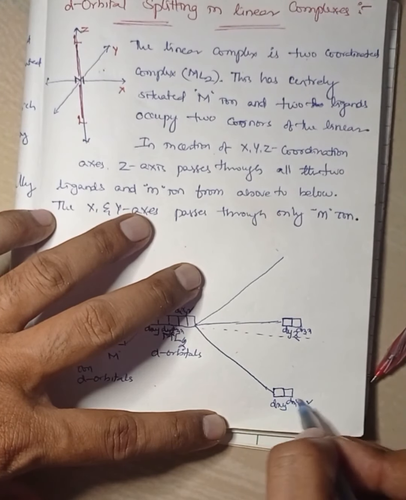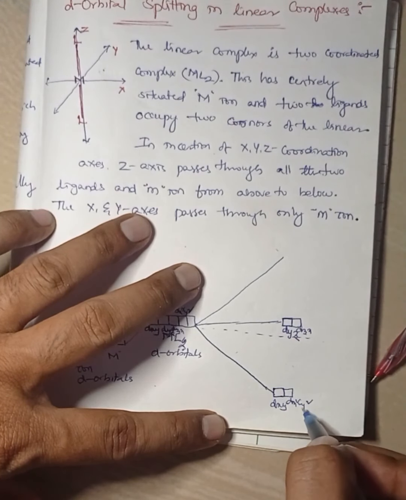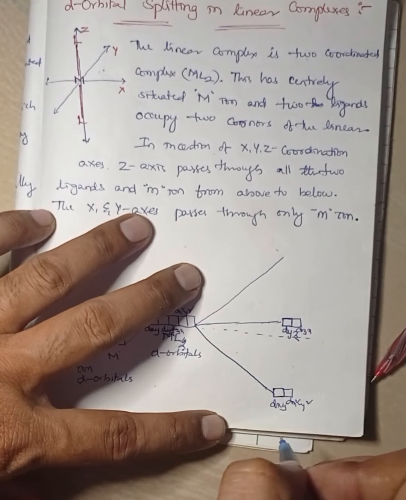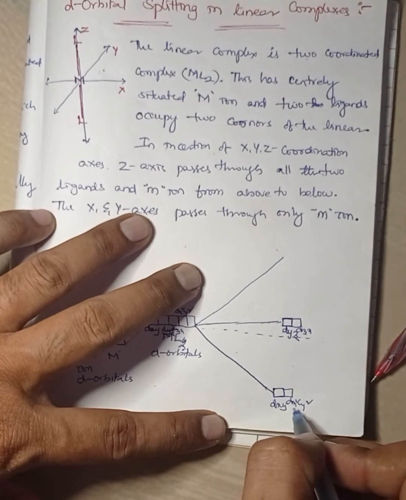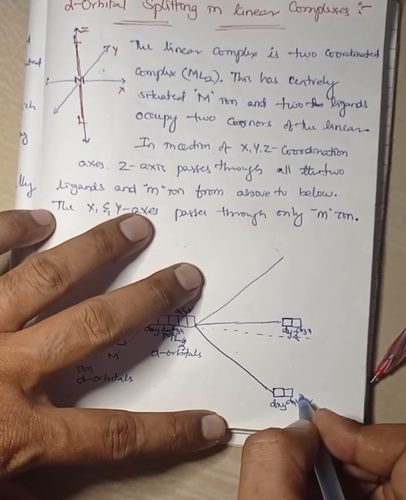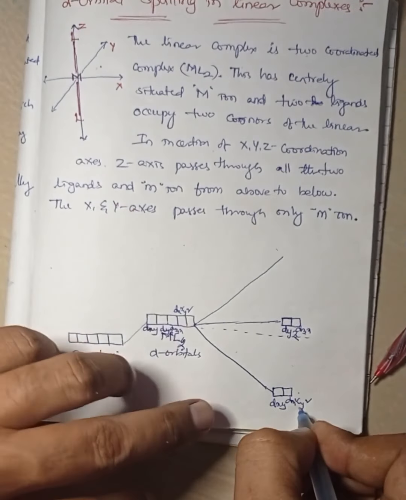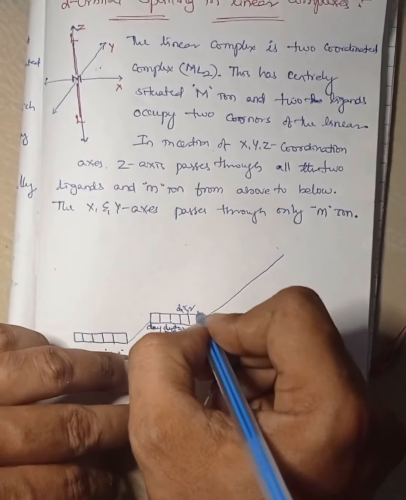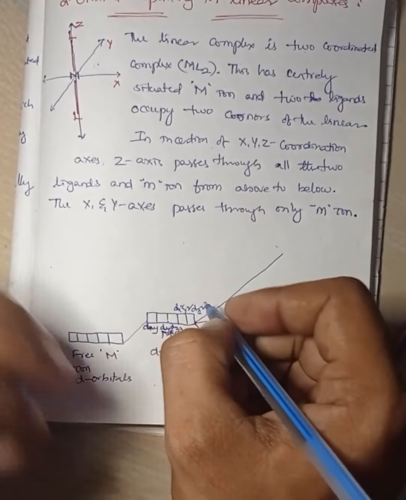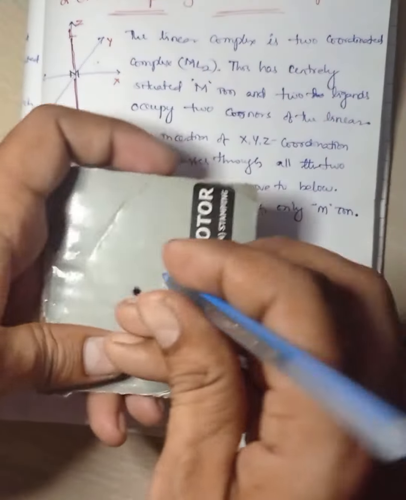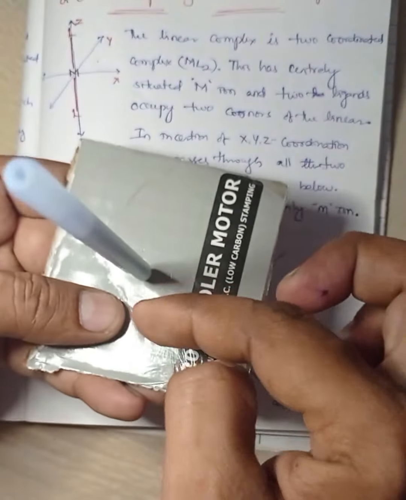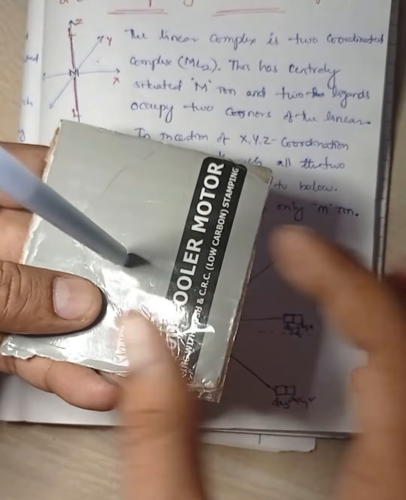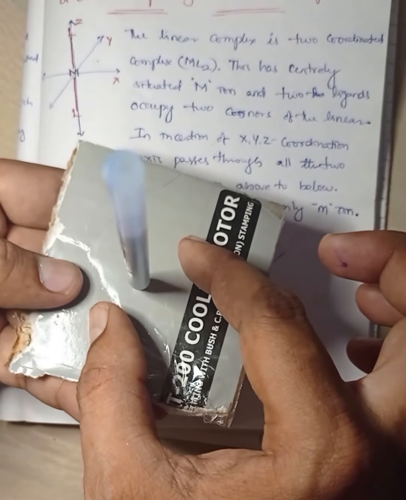So together dxy and dx square minus y square create a doubly degenerate energy state at the lowest energy level, right? And finally the dz square orbital lobe. We know that it has two lobes along the z-axis, and in the middle there is a spherical lobe, right?